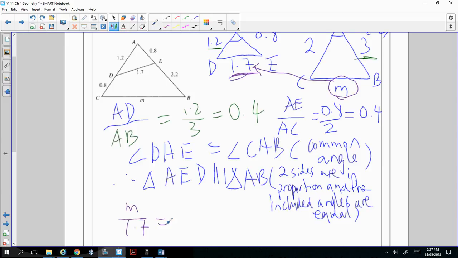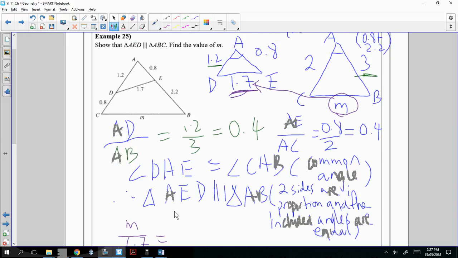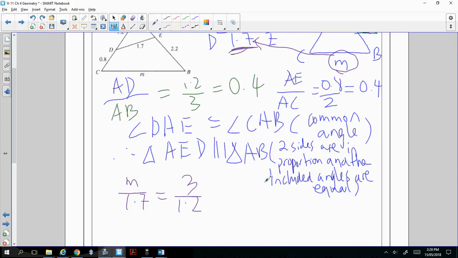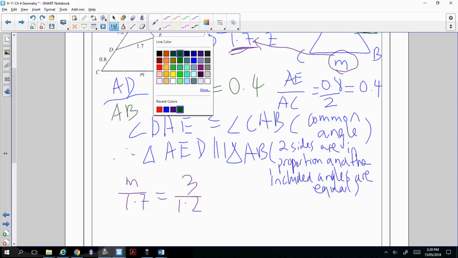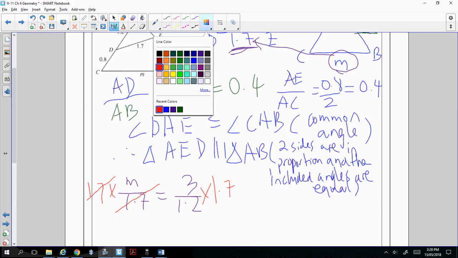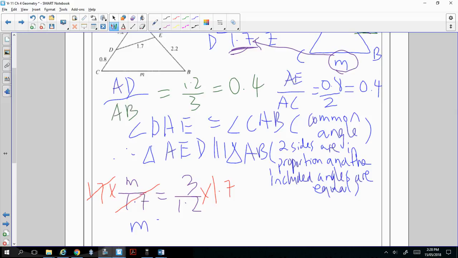Multiply both sides by 1.7, and then you can find M, correct to maybe, it doesn't say, 2 decimal places. So write M equals, use a calculator. You do 3 over 1.2 times 1.7.